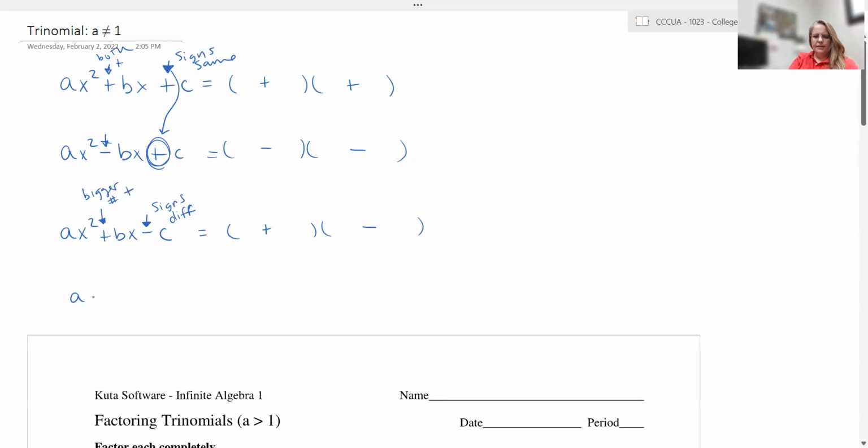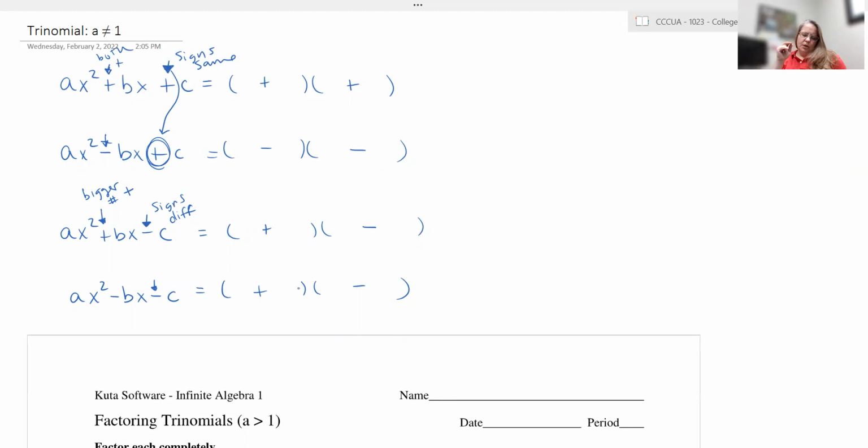And then the last scenario, ax squared minus bx minus c. Again, my signs are different in my set of parentheses. And the way I'm going to show you to factor these, it's not going to matter where you put your plus and your minus. And I'm actually going to show two different ways to factor these.